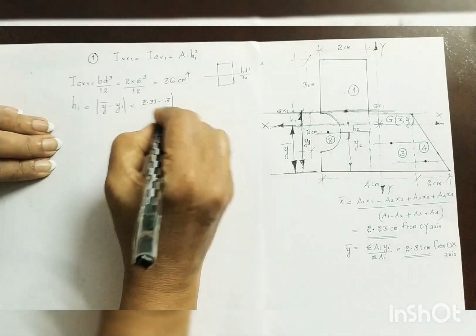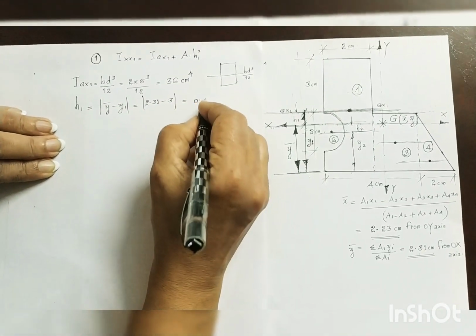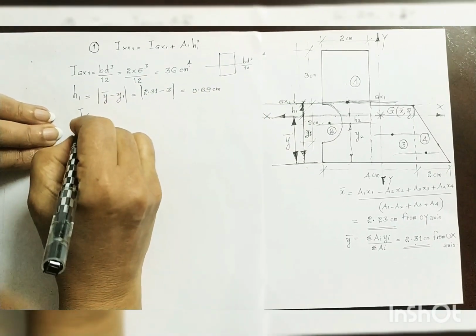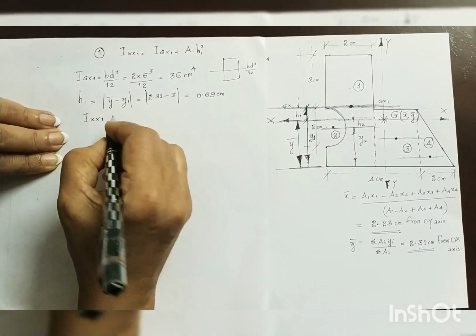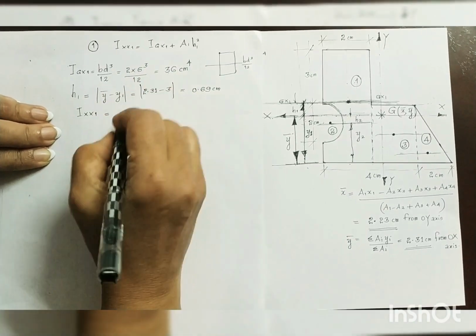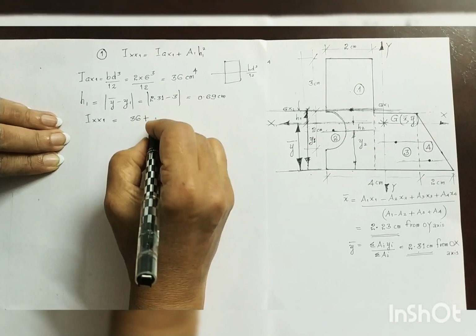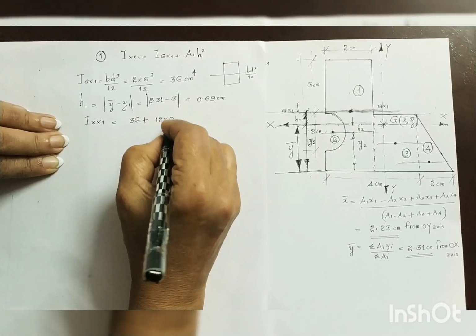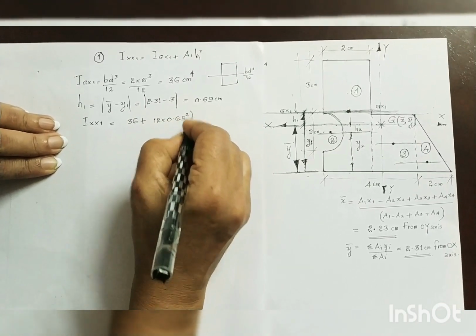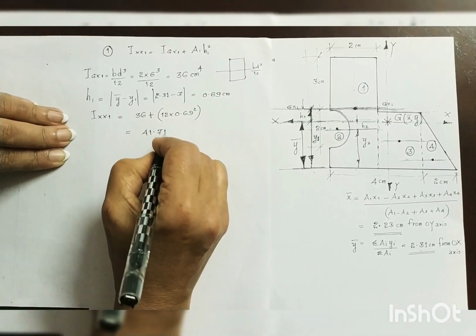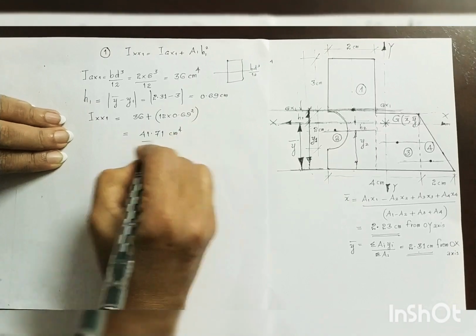So the absolute value of 2.31 minus 3 is equal to 0.69 centimeter. Now Ixx1 is equal to 36 plus area, which was 12, into 0.69 square, which is equal to 41.71 centimeter raised to 4.